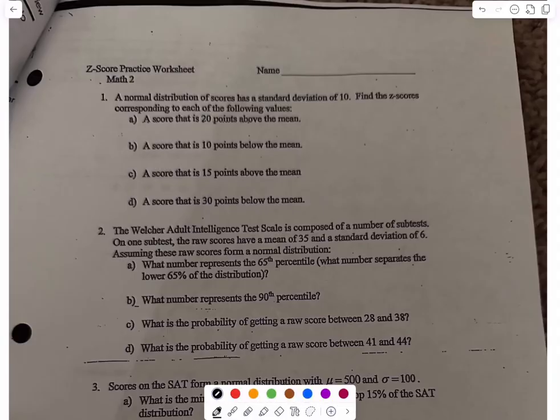So in the previous example, we came across the z-score formula: x minus mu over our standard deviation, or over sigma. In this example, it has a standard deviation of 10, and 20 points above the average.